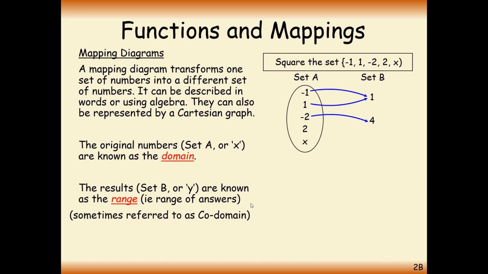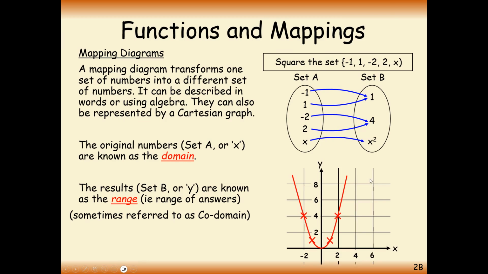Here we've got -1 and +1 mapped onto the same number. -2 and 2 are mapped onto the same number. This function is a function of x squared. This kind of function is called a many-to-one function. Many-to-one because we start with more than one input, but they point to the same output.